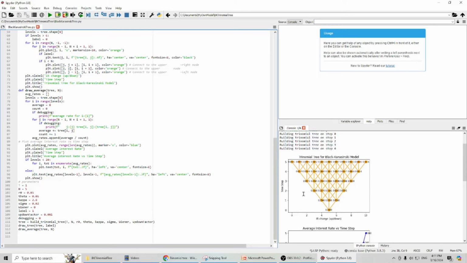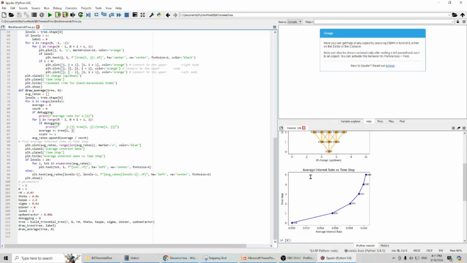And you can trace the tree to see, and if it keeps going down, it will become something like this, and this side will keep goes up until it reaches 0.0616, and I will take the average, and you can see the average interest rate will go like this. It turned to this mean reversion level 0.06.